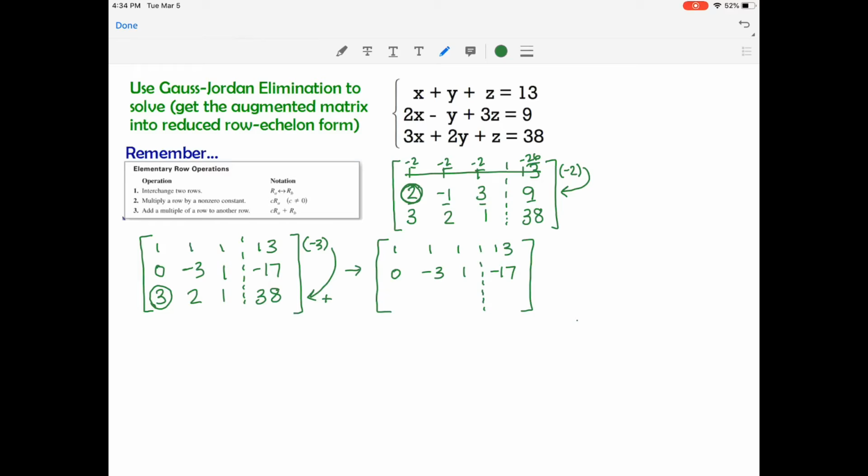And it's going to change because I'm going to multiply that top row by -3 and add to that bottom row. So -3 plus 3, -3 plus 2, -3 plus 1, and -39 plus 38.